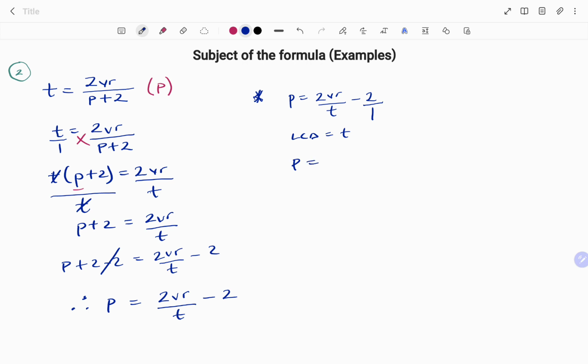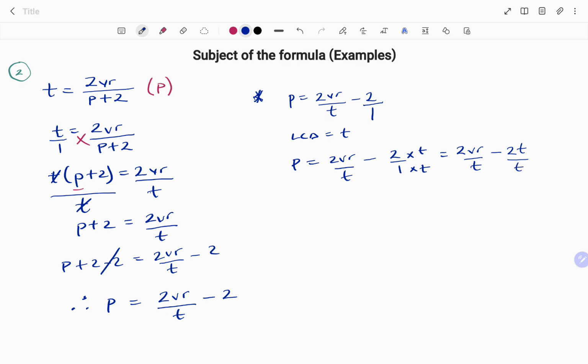So I still have P equals 2VR over T minus, I have 2 over 1 times T at the top times T at the bottom. It's the same as multiplying by 1 because T divided by T is 1. From here, I'm going to have 2VR over T minus 2T over T.